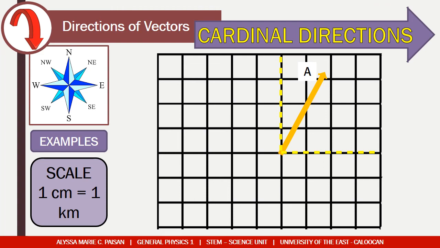So let's say that I use the same magnitude as the cardinal and secondary directions for the vectors that I'm going to use as examples for the tertiary. Same magnitude lang siya. So this time, minove ko lang siya ng konti so that the angle will not be 45 degrees anymore. But we're going to use the same scale. 1 centimeter is equal to 1 kilometer.